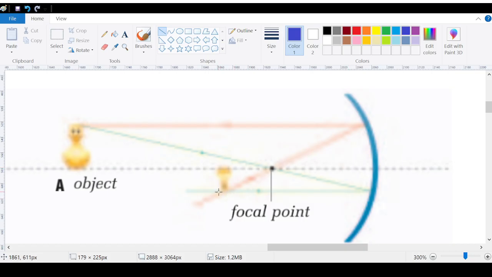Now the place where those 2 rays come together tells us where the top of our image will be. Notice it ends up being over here, which is below this dotted line.